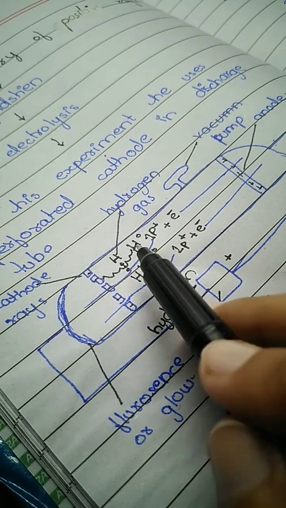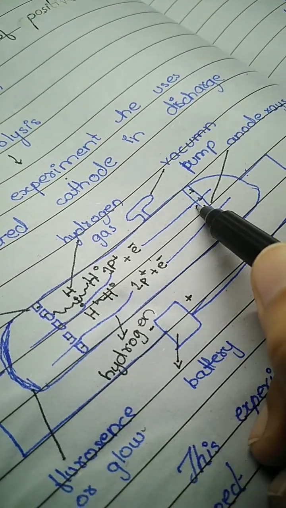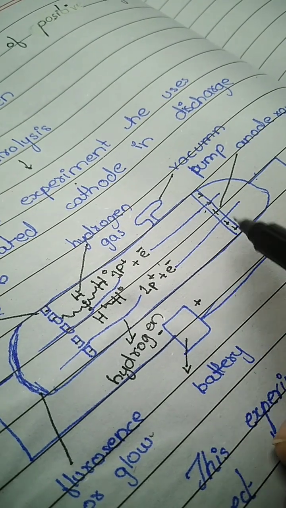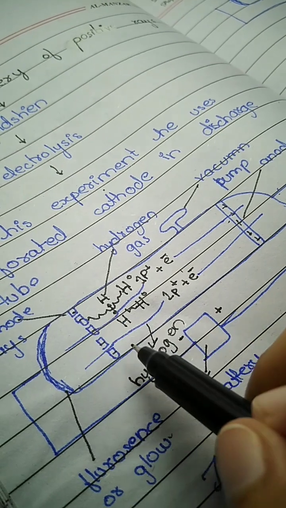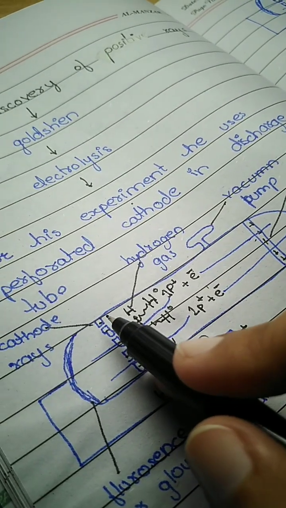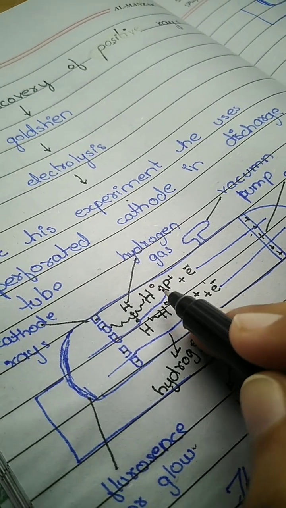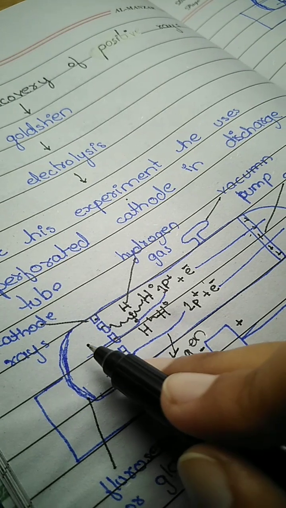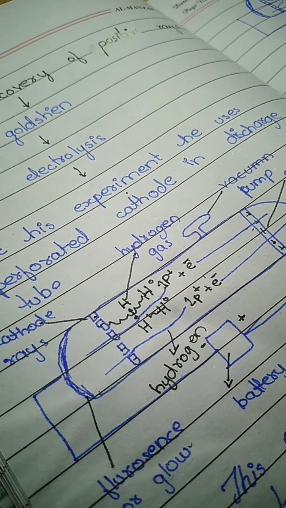It separates the electron and proton. In this condition, the electron is attracted towards the positive terminal, but the proton is attracted to the negative terminal. As we know that there is a perforated cathode, the proton passes through the holes or the space in the cathode.